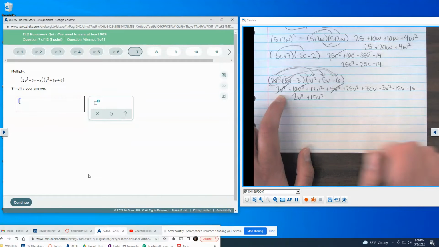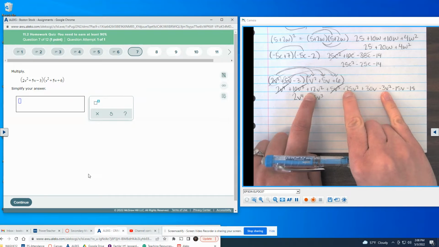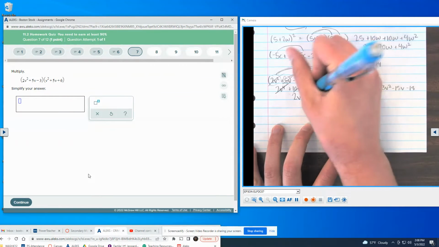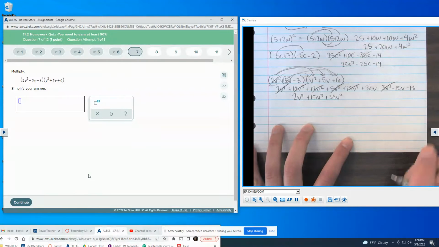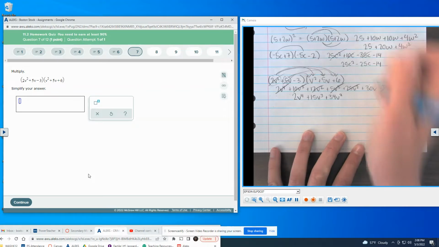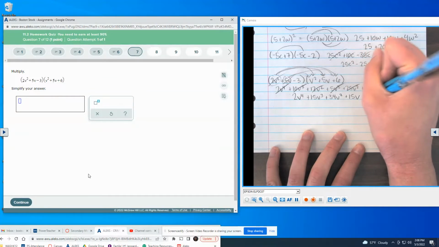Then I'm going to do all of my squared ones. I have these two, which gets me 37 minus 3. So I get plus 34v squared, if I did that right in my head. Then I have these that have the v, so 30 minus 15 would give me 15v, and minus 18.